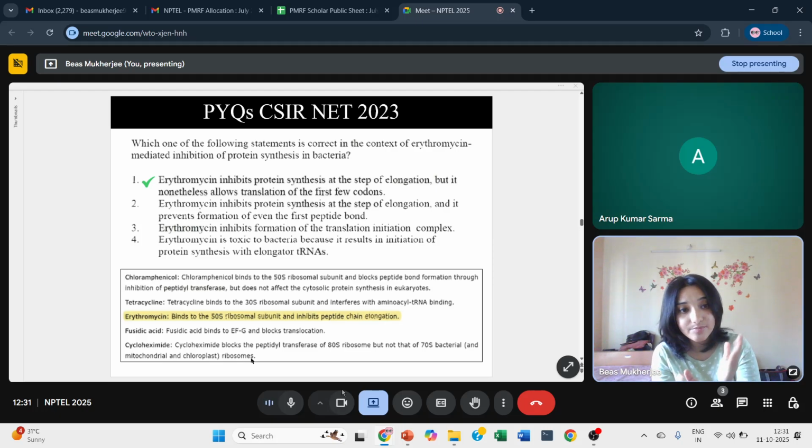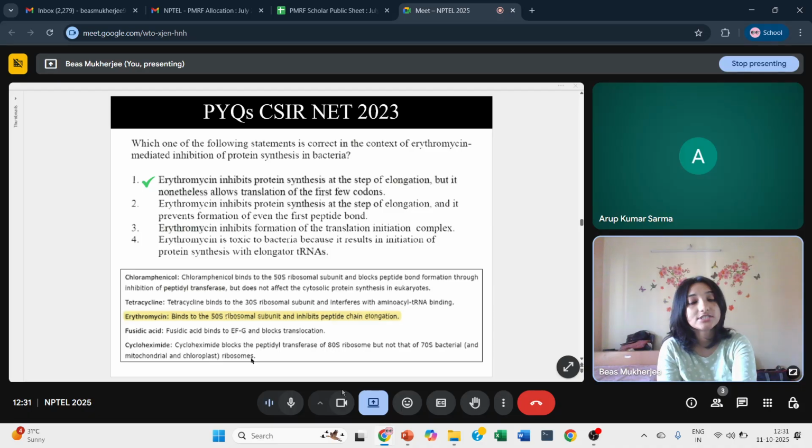Okay, that is important. Next, fusidic acid binds to EF-G and blocks translocation. Cycloheximide blocks the peptidyl transferase of the 80S ribosome but not that of the 70S bacterial, mitochondrial and chloroplast ribosomes.